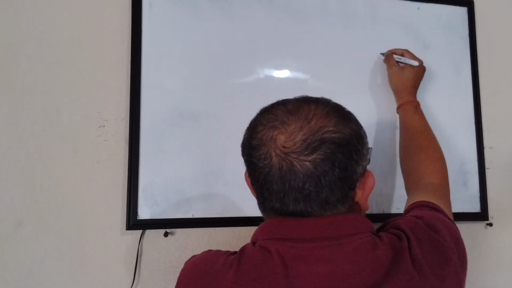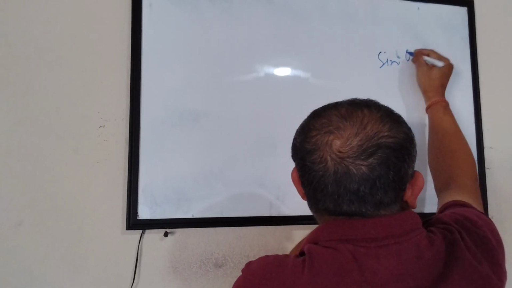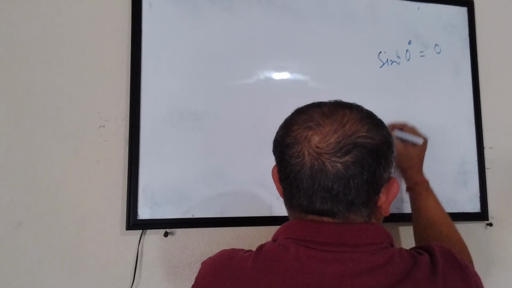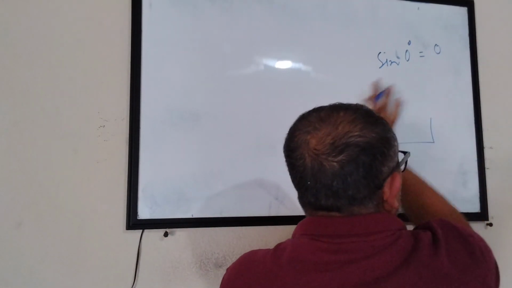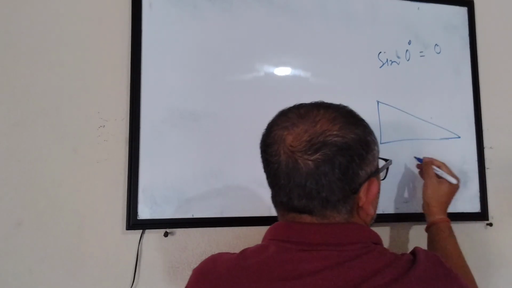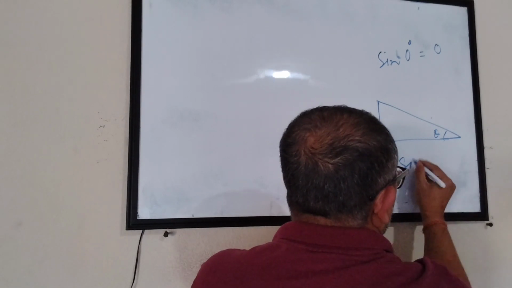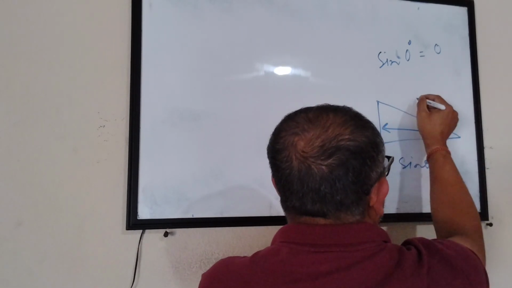So let's say sine 0 degree equals 0. This is what I'm saying. Now this is my right angle triangle. If this is my theta, sine theta equals the side opposite to that divided by hypotenuse.